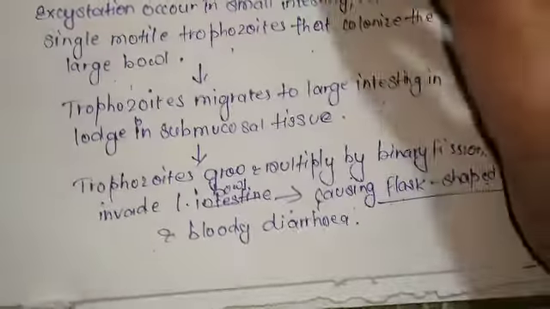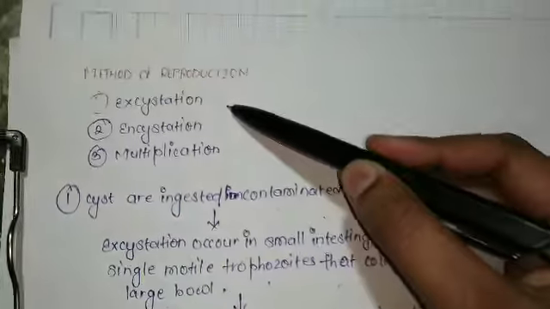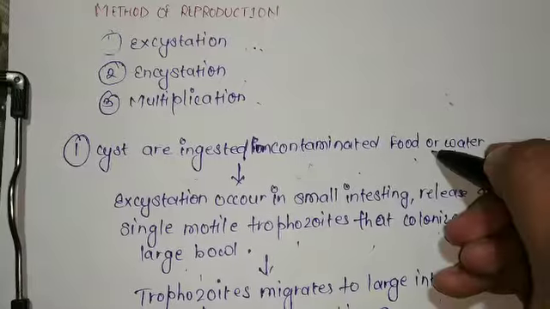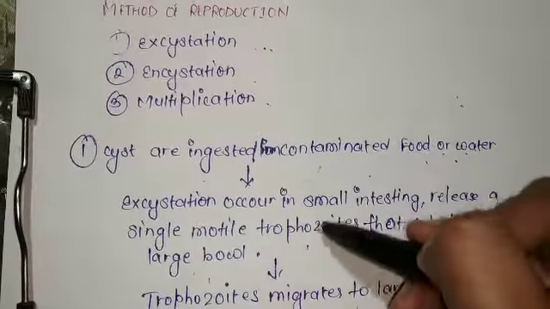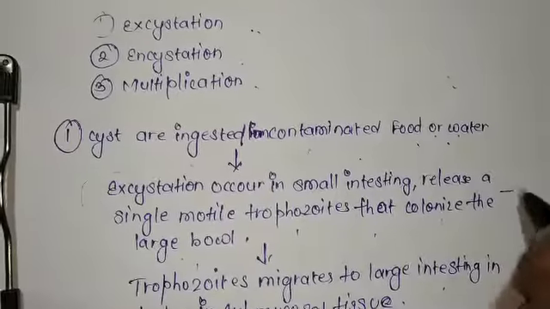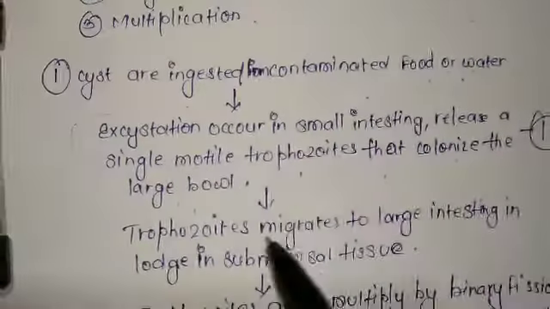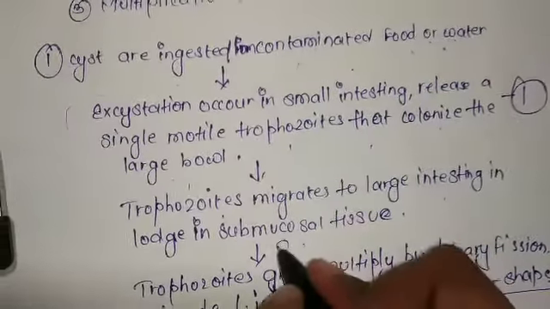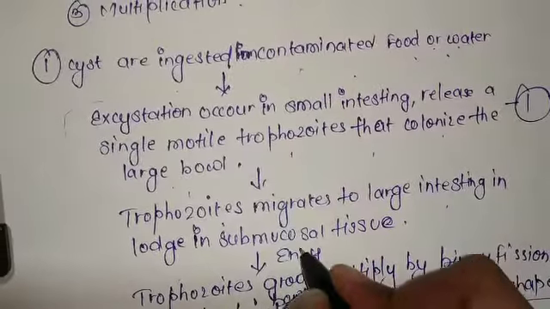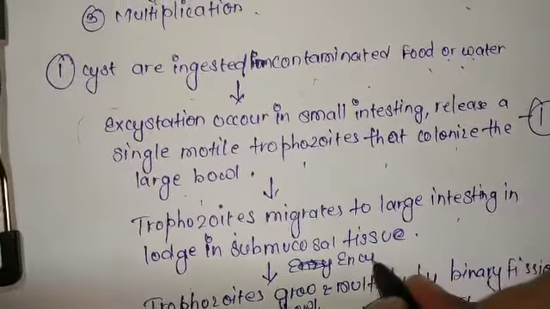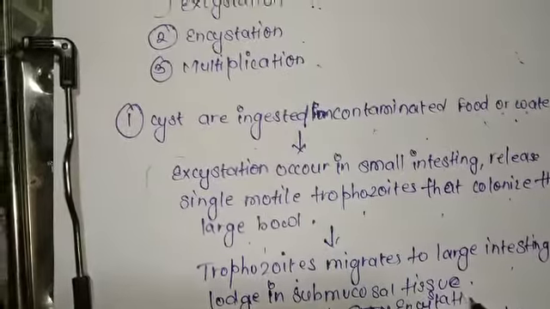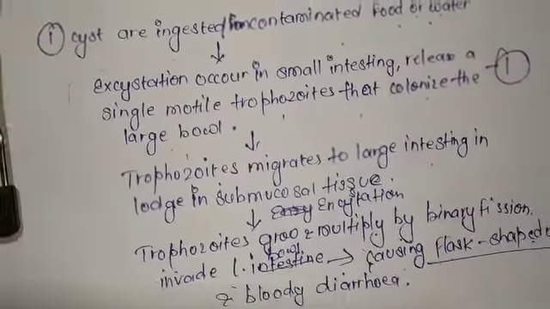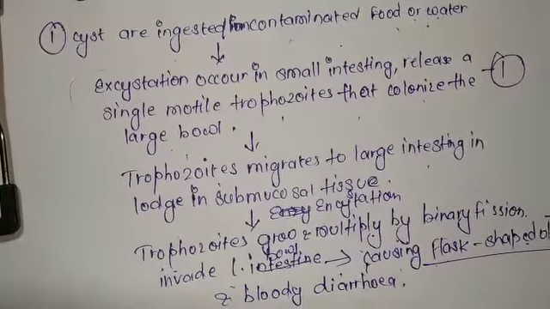So I said that it consists of three different stages: excystation, encystation, and multiplication. Here a person ingests the cysts and the excystation phase takes place. Then the trophozoites migrate to the large intestine and load in the submucosal tissue, where encystation takes place, and in the large intestine they multiply, and this step is multiplication.